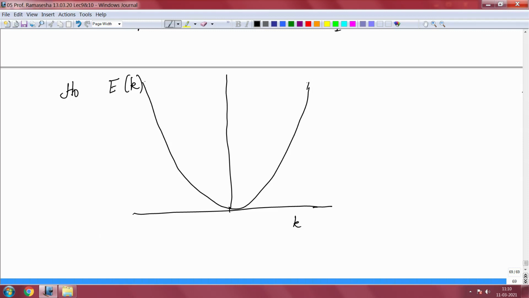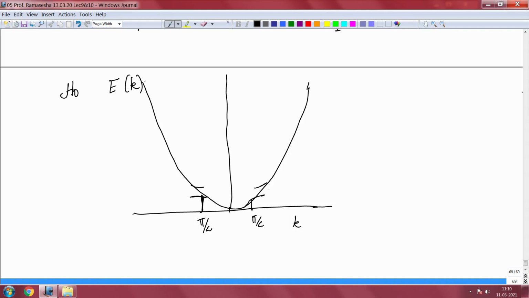Now, when I have the perturbation, the perturbation connects states only which are at pi by a and minus pi by a, which are degenerate, and I will have a lifting of the degeneracy.